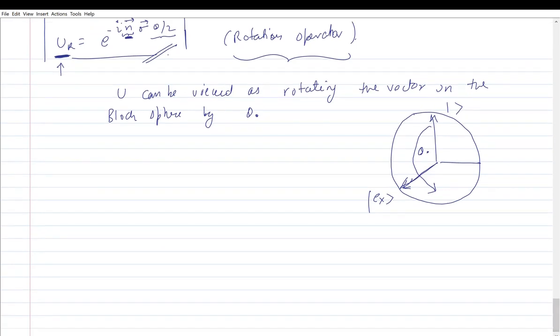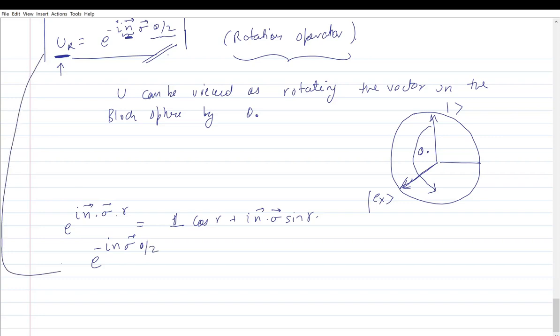So once again, we use our identity, one of the results. This was cosine gamma plus iota n sigma sine gamma, and in general, using that, I'm just plugging this guy over here.